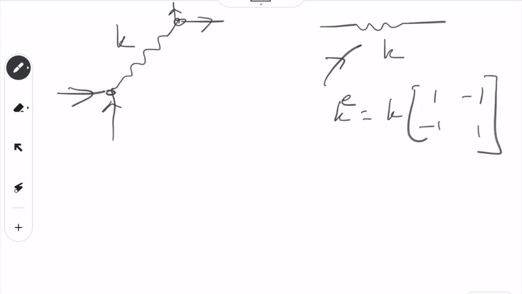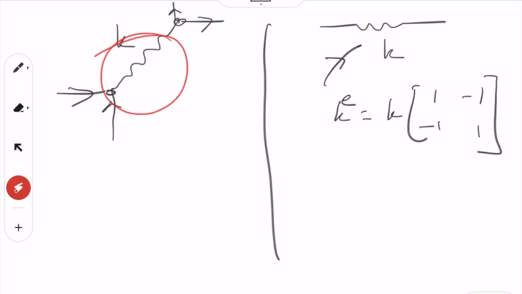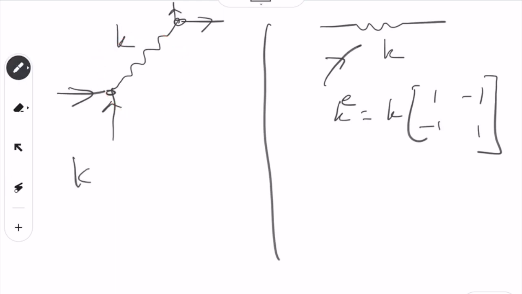In this case, for the first case we have to find out, and how will we find out? We have node 1, node 2.